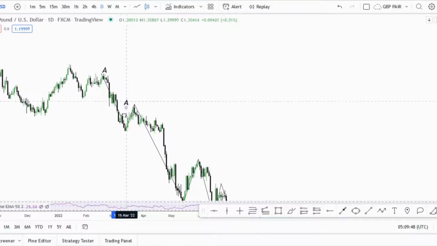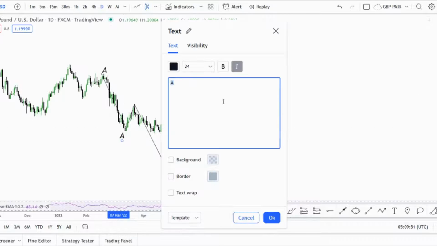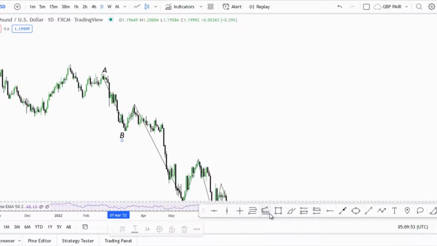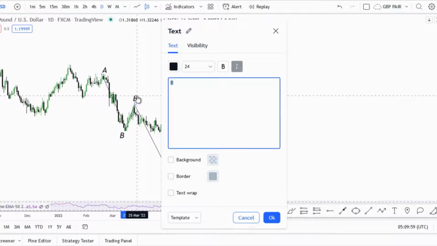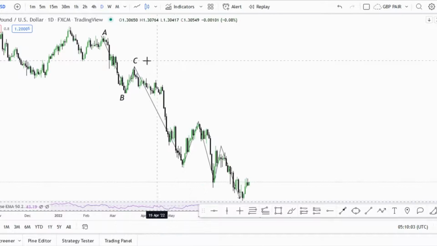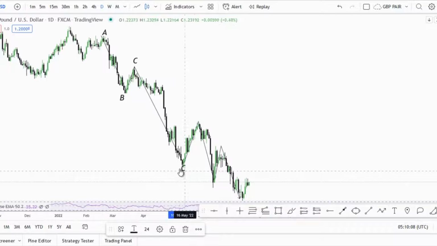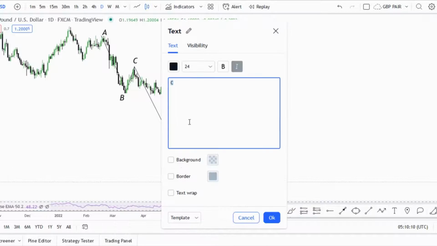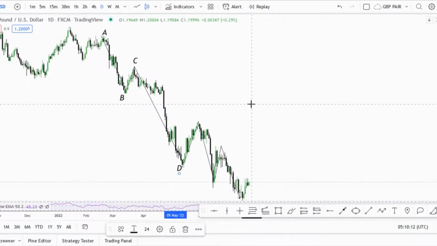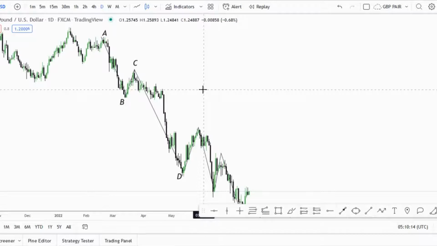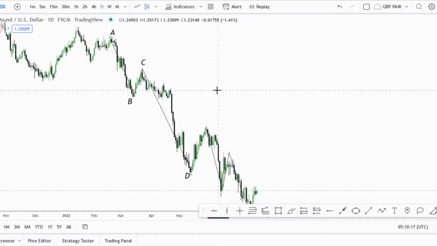And then we'll have this point here, point B. Point C. And then we have here, call this point D. This is just annotation for illustration purposes. So now the market move, this wave went up, came down.